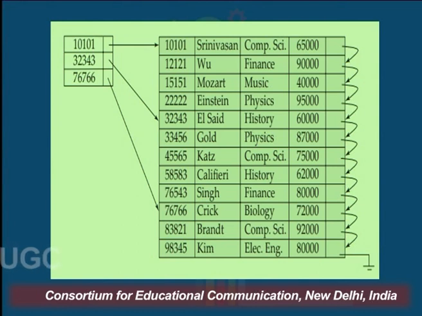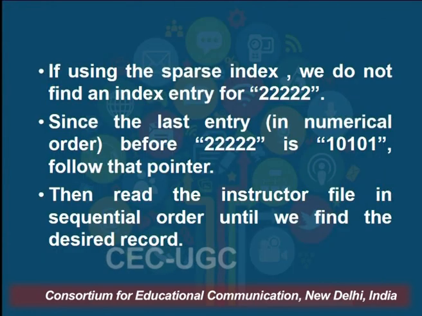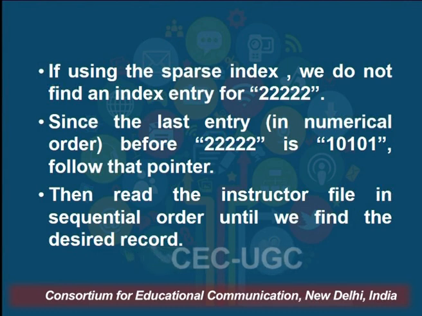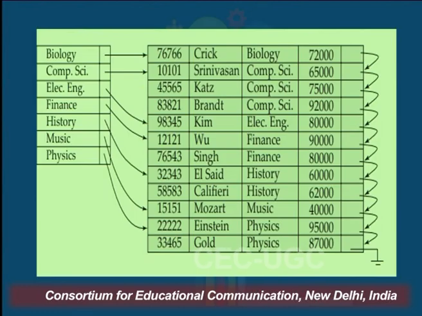If we end up at the next index pointer and are not able to find the record, that means the record is not available, because all the records here and the index itself are sorted. In this way we can go to the particular record we are looking for.